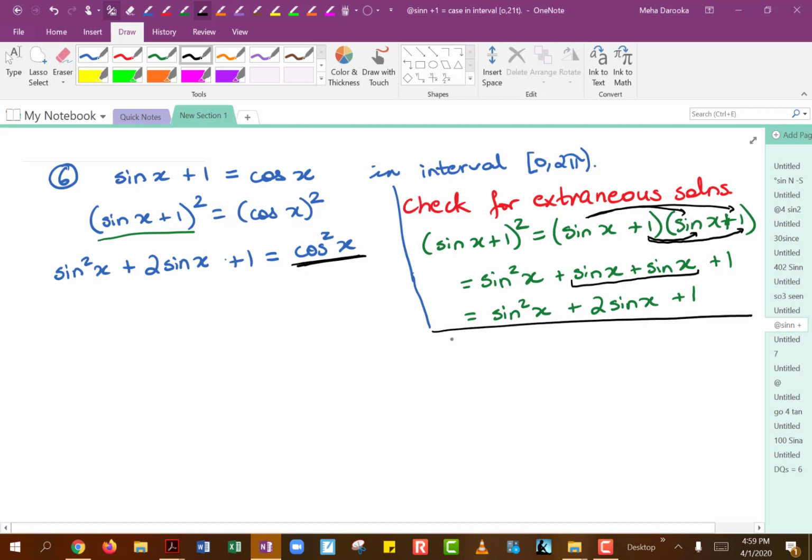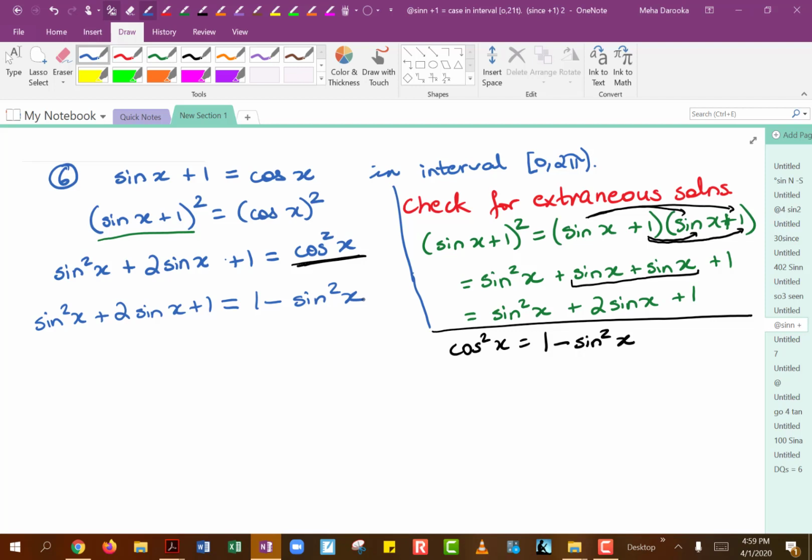So I'm actually going to replace my cosine squared of x with 1 minus sine squared of x. Okay, so let me go ahead and write this left-hand side first. And then replacing that cosine squared of x with 1 minus sine squared of x, because again we want all our functions to be in the sine terms, right? We don't want sine and cosine both. So we make this identity substitution help us out.